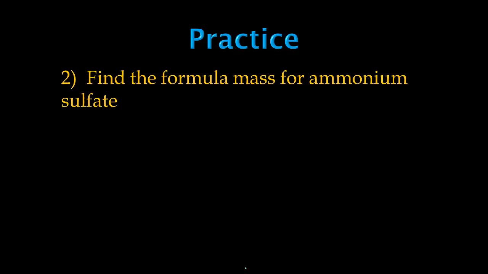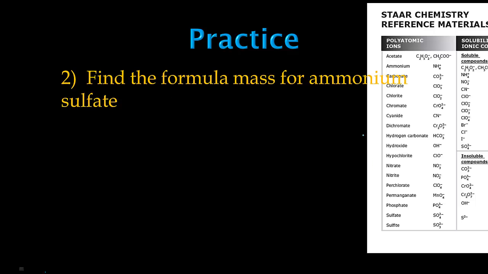Okay, now it's time for you to practice. I would like for you to pause the video and do the next 2 practice problems, and then come and check your answer. Okay, formula mass tells us immediately that it's an ionic compound. Ammonium you will find on the polyatomic ions. It's right here, NH4+.